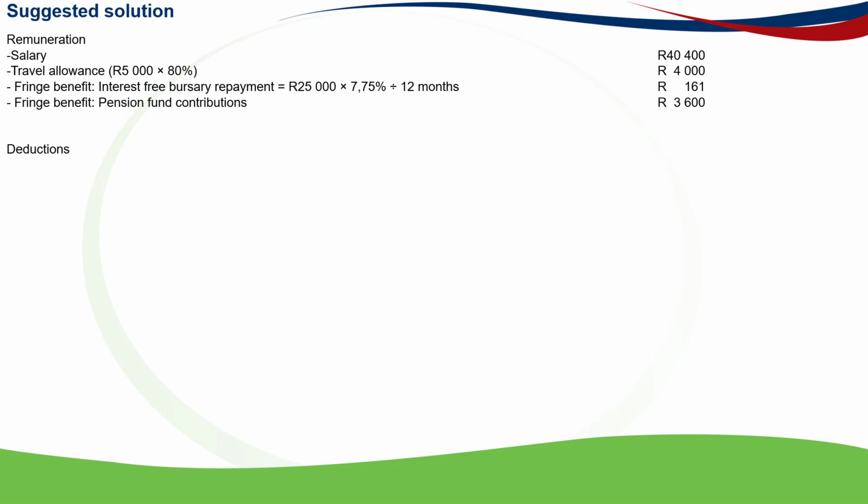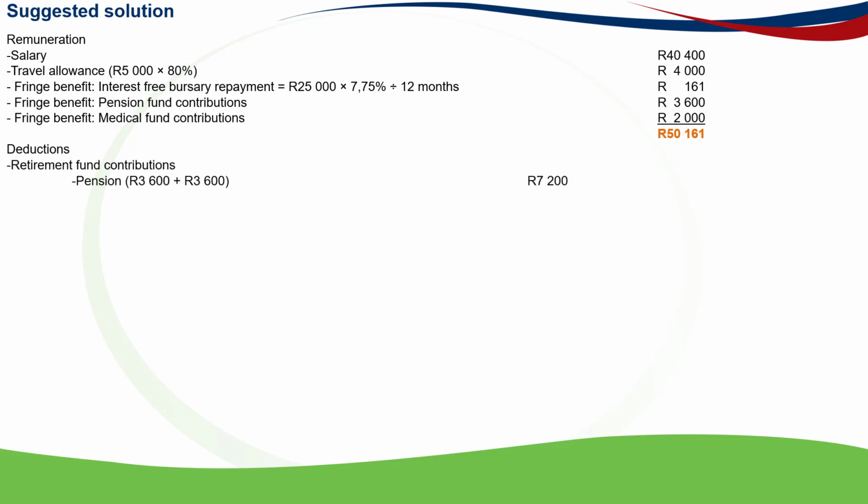The same as the medical aid contributions of 2,000, which will also be included in remuneration, resulting in the sum of remuneration of 50,161. The next step in our calculation is the balance of remuneration, which is determined after taking the deductions into consideration.